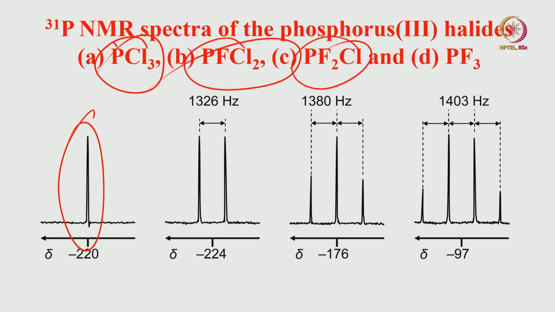PF2Cl, because 2 fluorines are chemically equivalent, gives a triplet. PF3, see slowly we are removing 1 chlorine and adding 1 fluorine. PF3, 3 fluorines are chemically equivalent, makes this phosphorus a quartet, 4 lines of intensity 1331.